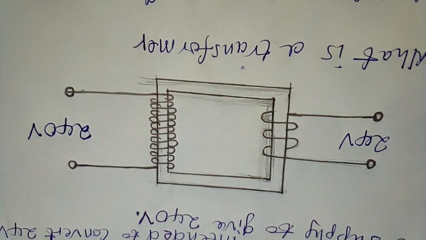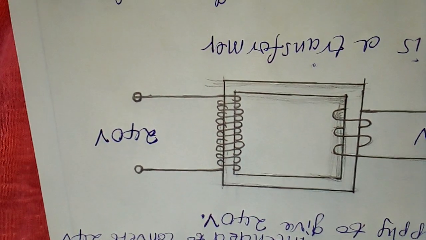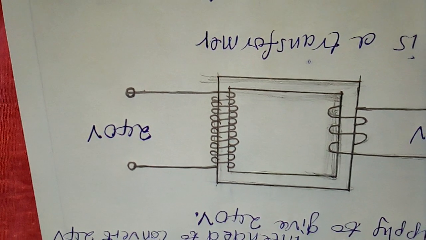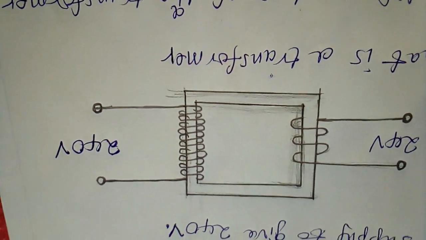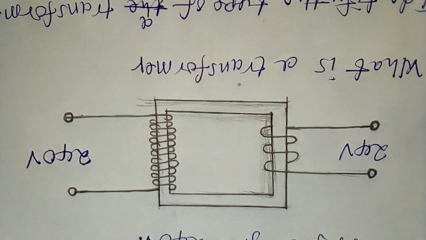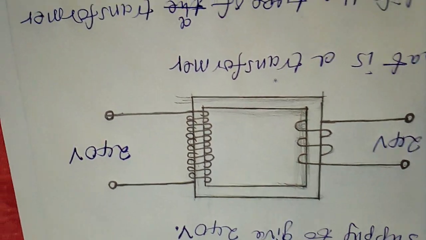The transformer has used 24 volts to produce 240 volts. This is massive. This is what a transformer can do. It really produces large amounts of voltage from very small amounts of voltage.